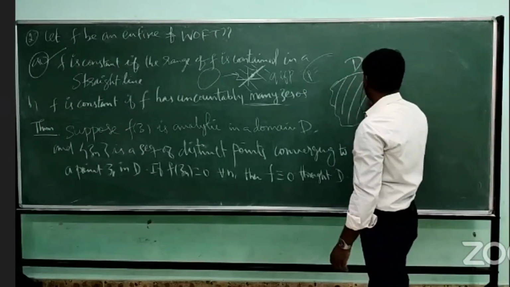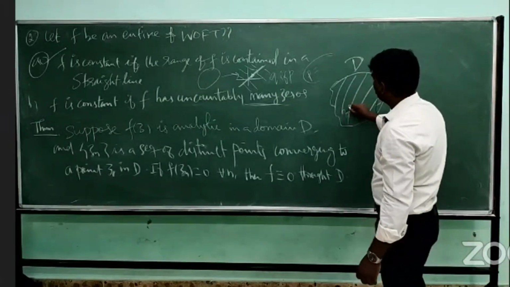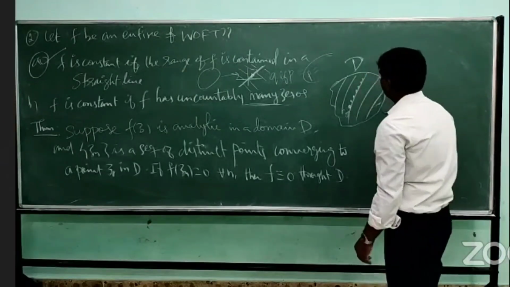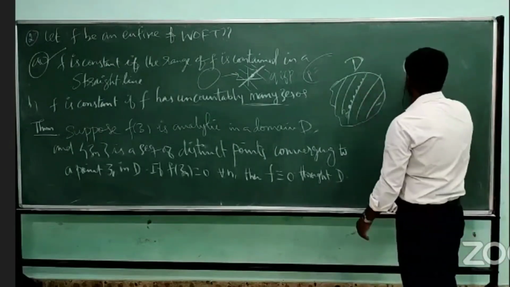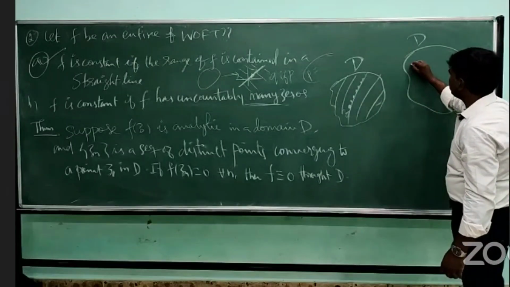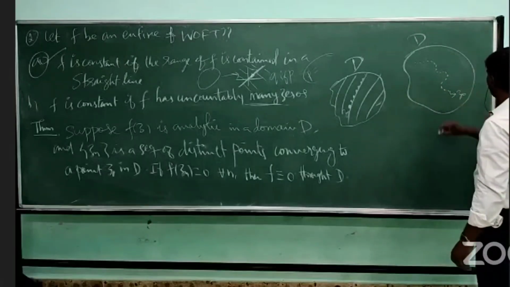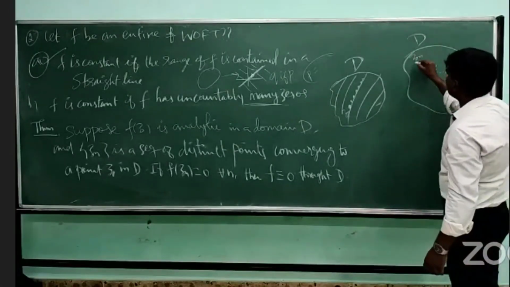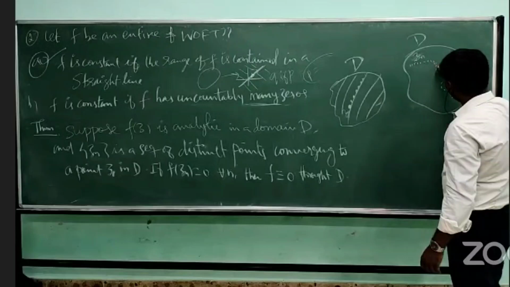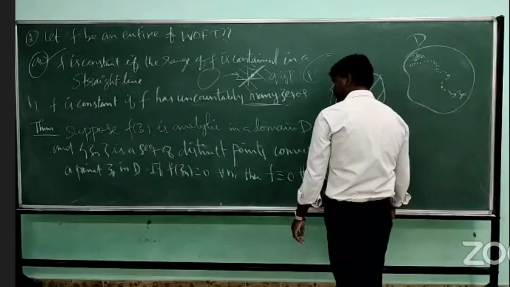Suppose f is analytic in a domain D, and Zn is a sequence of points converging to Z0. Each point is distinct.